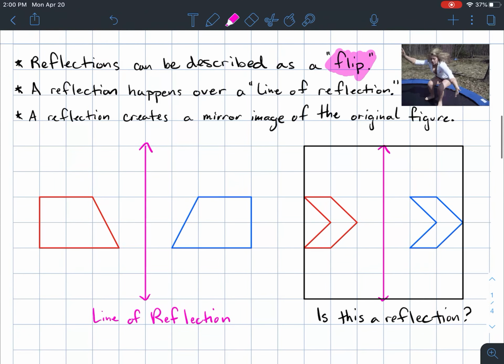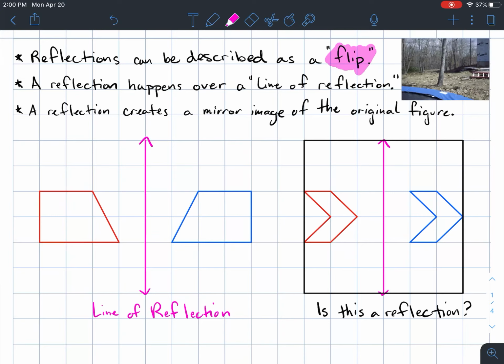So let's go ahead and take a look here. The key word I want you to note is flip. So reflections can be described as a flip. Okay, and if you look to the right, there's somebody flipping, so hopefully you won't forget that you want to use the word flip when you're describing a reflection. A reflection happens over what's called a line of reflection.